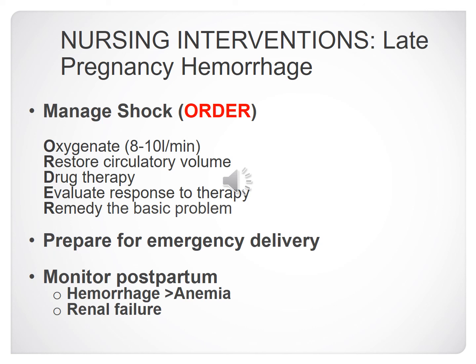So again, just know that you're preparing for emergency delivery when you're dealing with a woman who is abrupting. And then in the postpartum period, we want to again monitor for hemorrhage. Is she going to be anemic? And if it's true shock, organ failure such as renal damage.